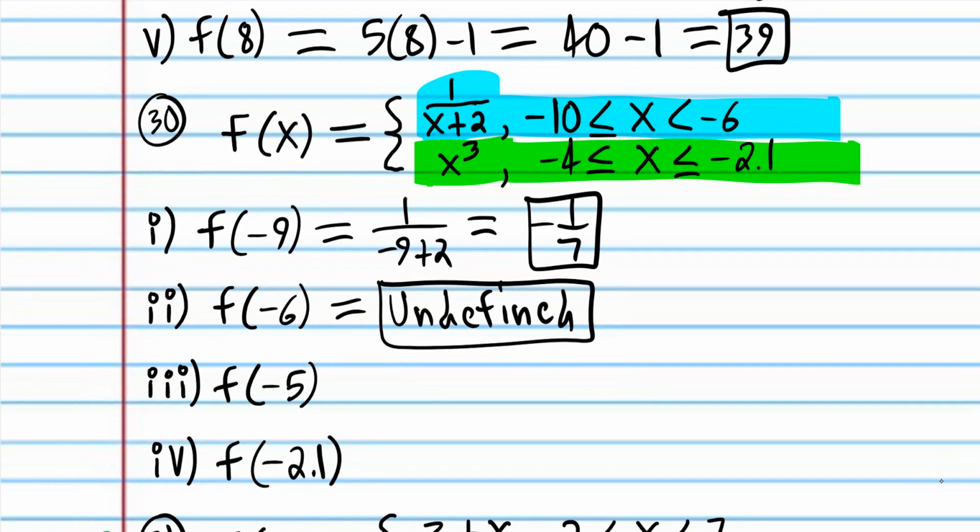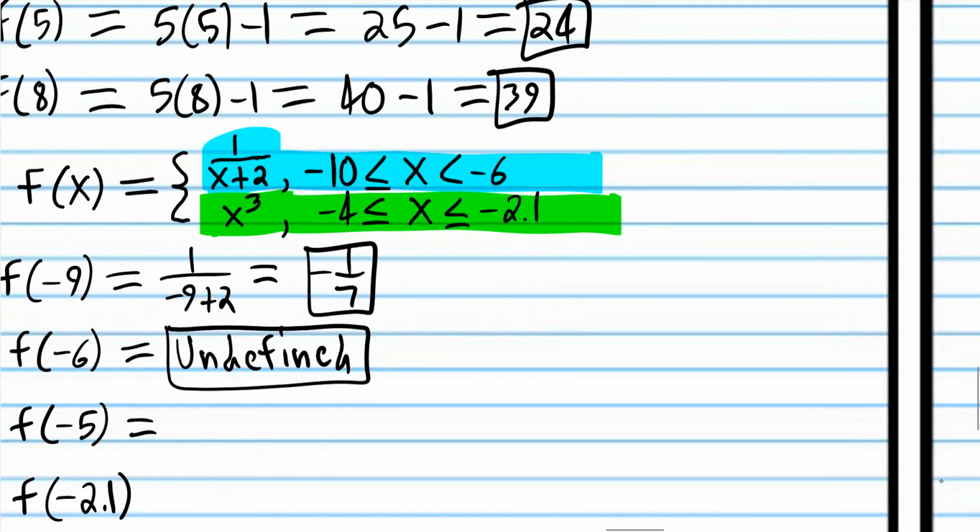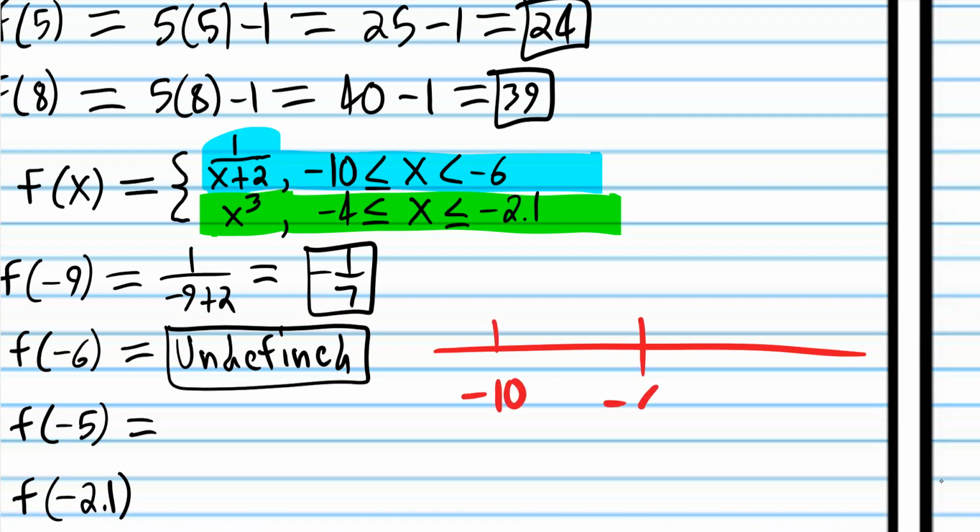Okay, so now let's plug in negative 5. But again, negative 5 is actually in between this interval. And in case you're having trouble seeing that, write a number line. We have negative 10, we have negative 6, we have negative 4, and we have negative 2.1.